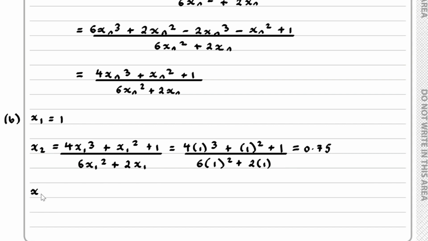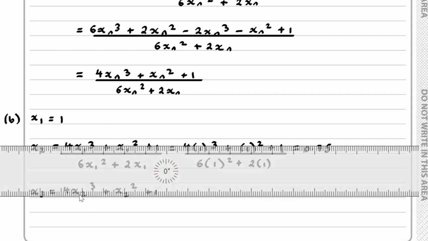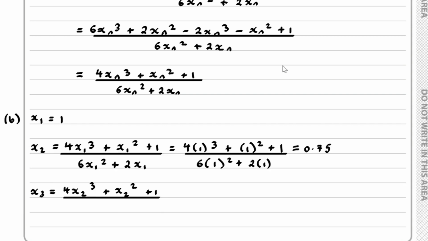And x3, I've got 4x2 cubed plus x2 squared plus 1 divided by 6x2 squared plus 2x2. So I've got 4 times 0.75 cubed plus 0.75 squared plus 1.